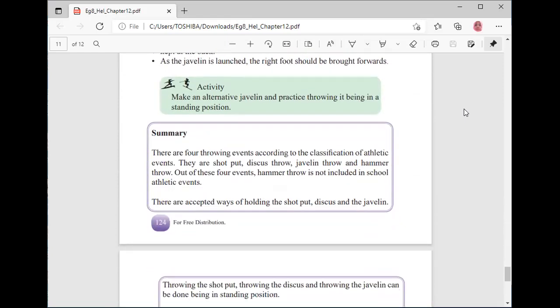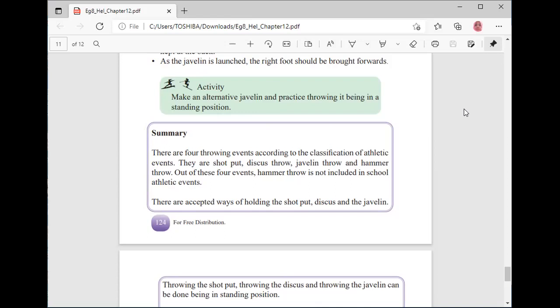Let's see the summary of the lesson. There are 4 throwing events according to the classification of athletic events. They are shot put, discus throw, javelin throw, and hammer throw. Out of these 4 events, hammer throw is not included in school athletic events.